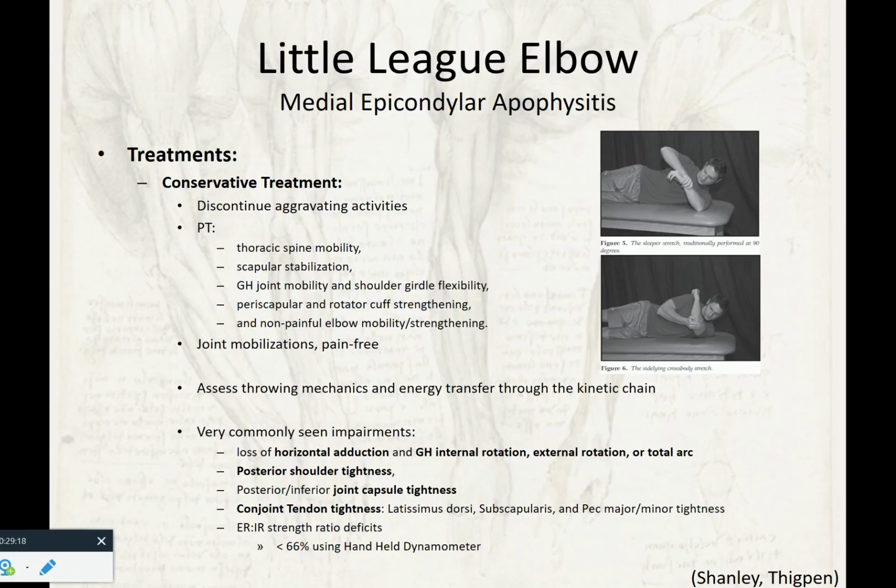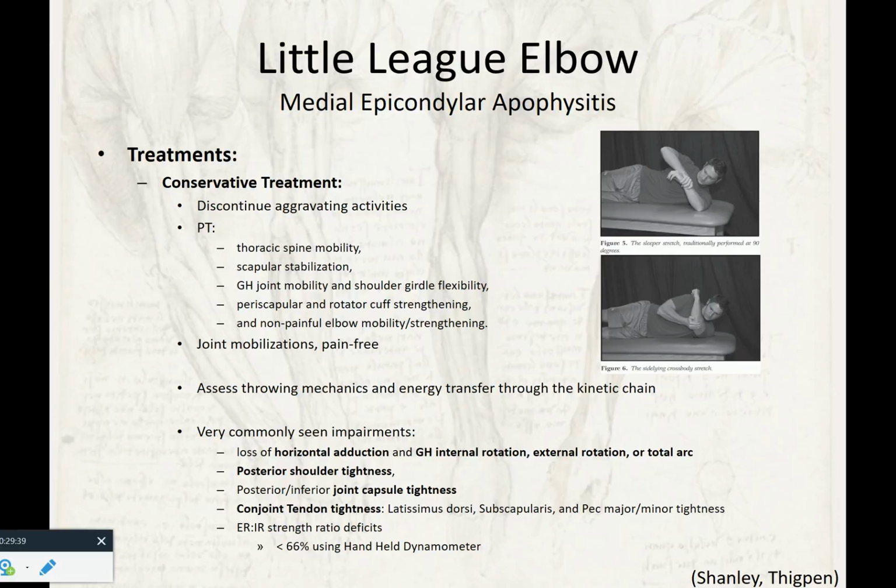The lats, the subscap, and the pec get super tight. Those tight muscles are usually strong muscles. And then you have your stretched, weakened external rotators or periscapular muscles. So we want to make sure that the external rotation strength is within 66% of the internal rotation strength.